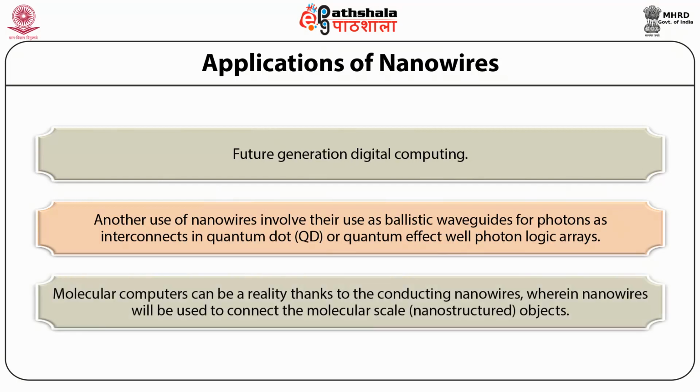So, molecular computers can be a reality thanks to the conducting nanowires, wherein nanowires will be used to connect the molecular scale objects. Dispersions of conducting nanowires in different polymers are being investigated for their use as transparent electrodes in flexible flat screen displays.